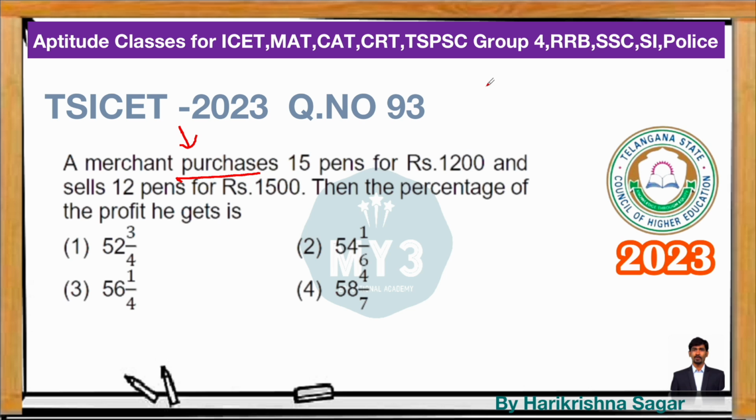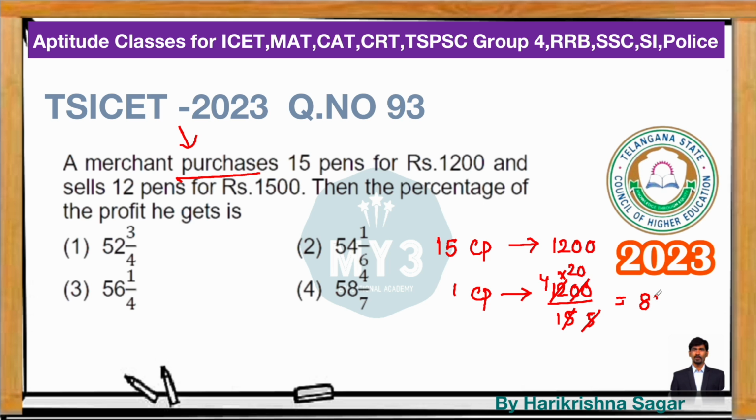So 15 pens cost price is given as 1200. Using this, we can comfortably write the cost price of 1 pen. It is going to be 1200 divided by 15, so the cost price of each pen is 80 rupees.